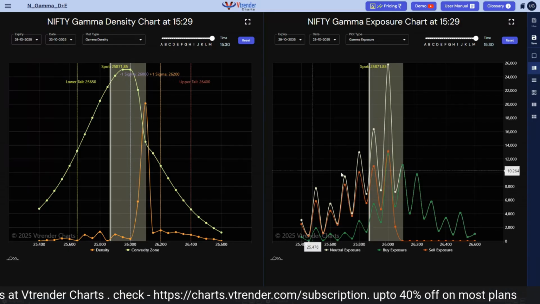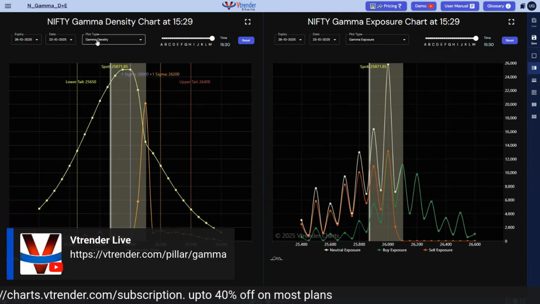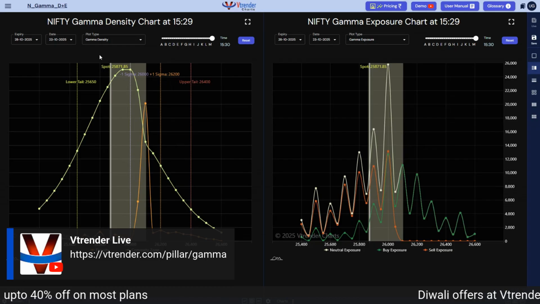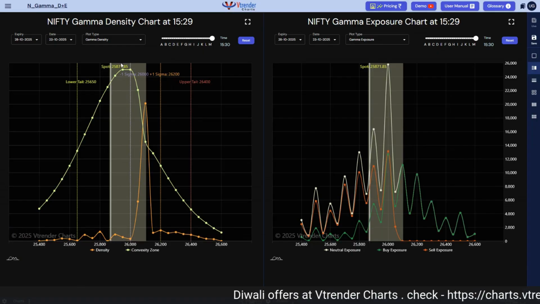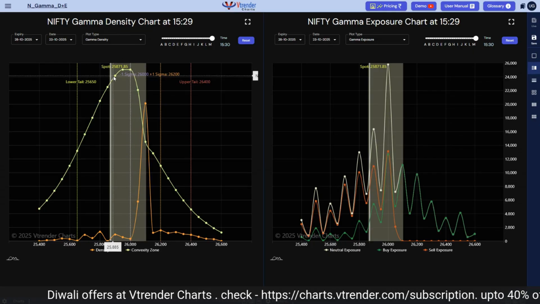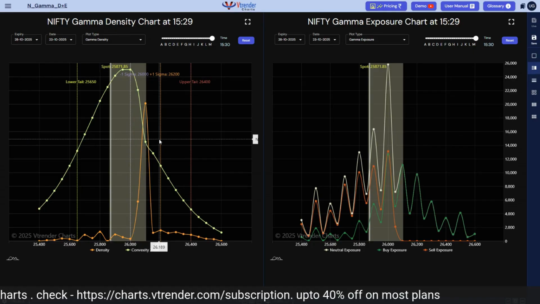So we have the gamma exposure on the right and the gamma density on the left. The gamma density chart is based on the current inventory, which is poised for a close. What close is the current inventory poised for? This is seen in the gamma density chart. So this will keep changing as per the market, and people will keep having to change their inventory.